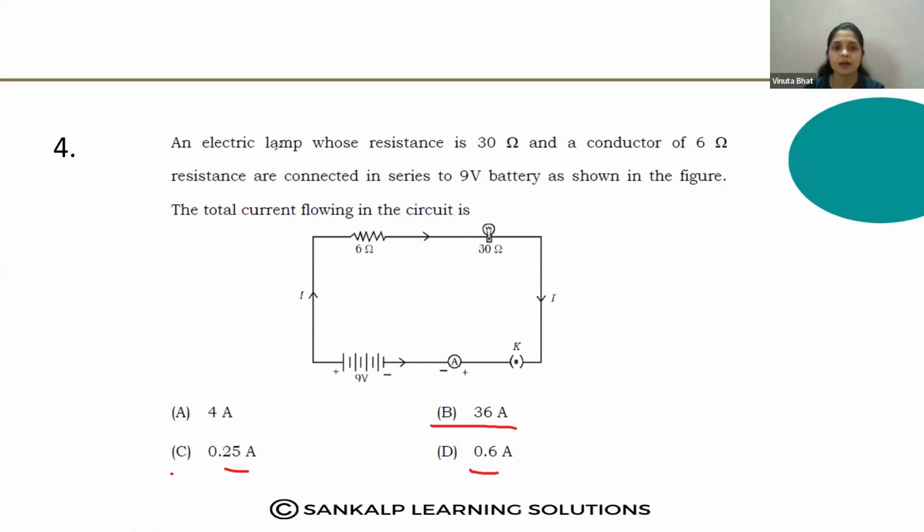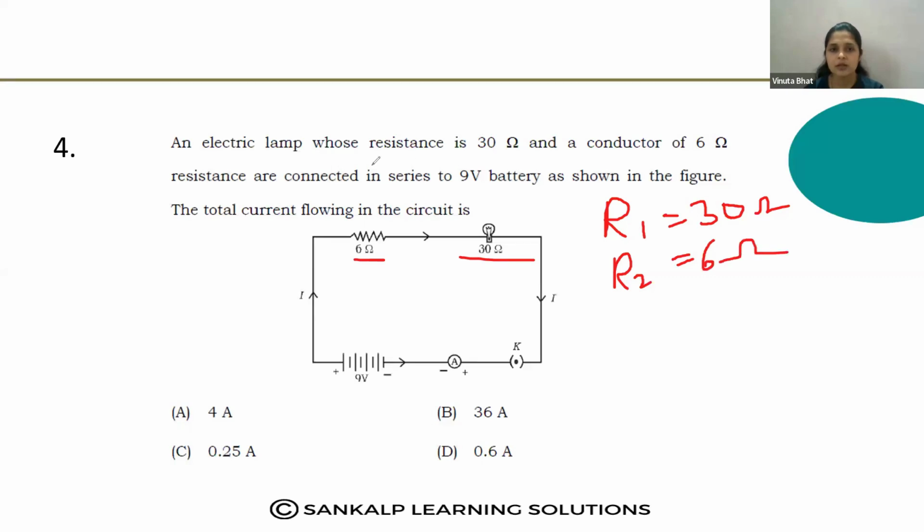Here, the electric lamp resistance is 30 ohm, that is R1 is equal to 30 ohm, and the conductor of 6 ohm resistance, R2 is 6 ohm. Connected in series to the 9 volt battery, V is equal to 9 volt.